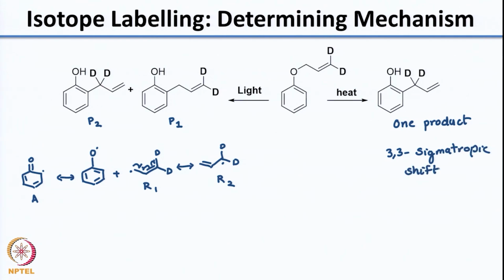This is a very nice example. By labeling, you can actually figure out what is the product that is formed, specifically what is the nature of the intermediate to form that particular product.